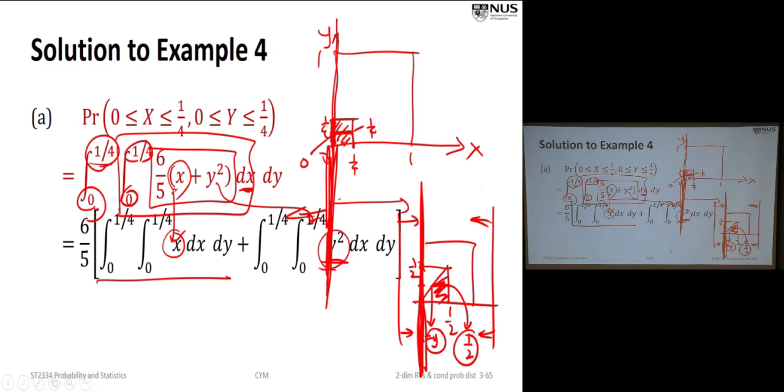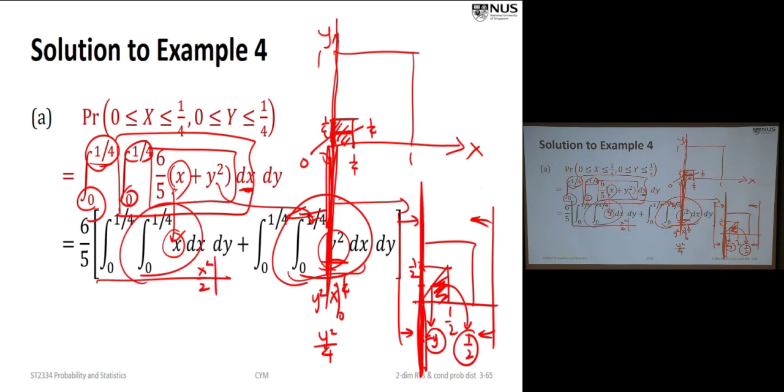So immediately I know this is equal to y squared times x, where x is from 0 to 1/4. So it becomes y squared divided by 4 for this part. It's quite straightforward, easy to compute. This one will be x squared over 2, from 0 to 1 quarter.